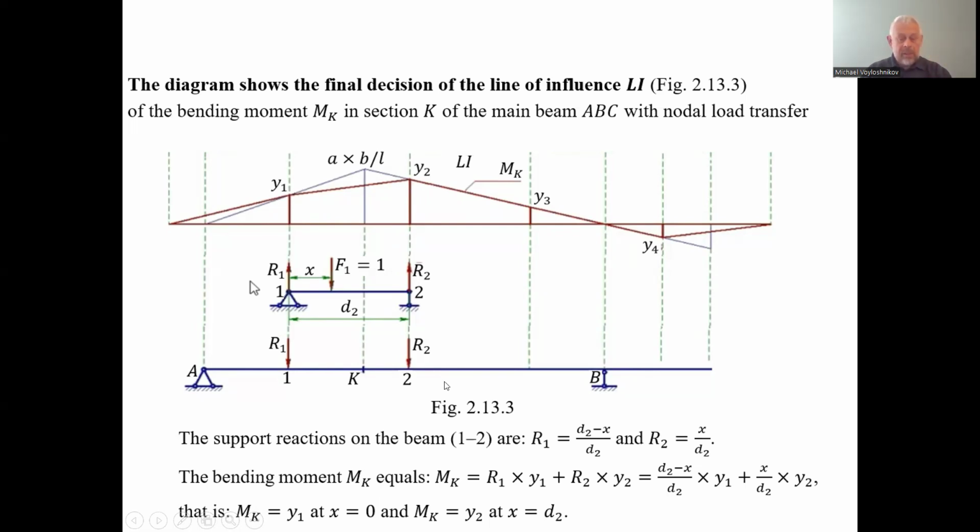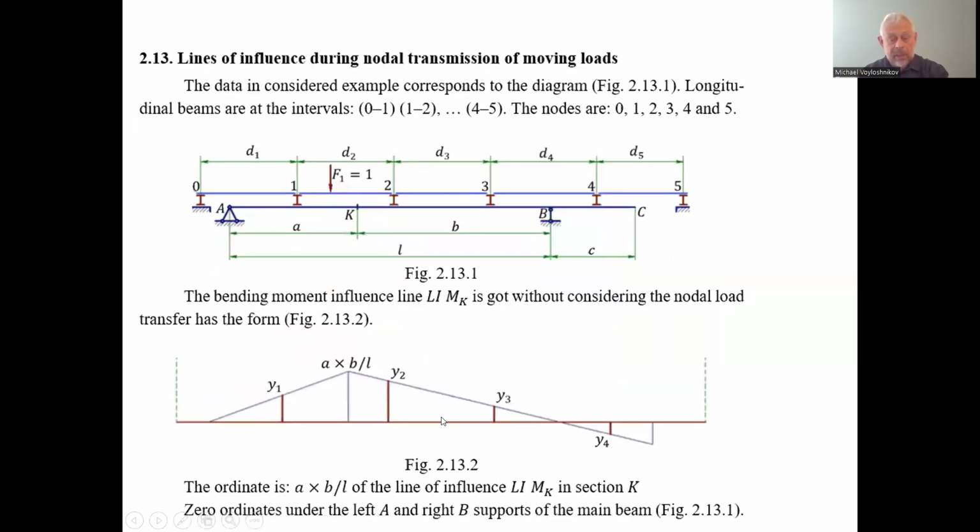That's why we have two points, if x is assumed 0. So if the moving load is in the node 1 and the force is applied in the node 1 on the secondary beam, auxiliary beam, in the point 1 the force is applied only here.